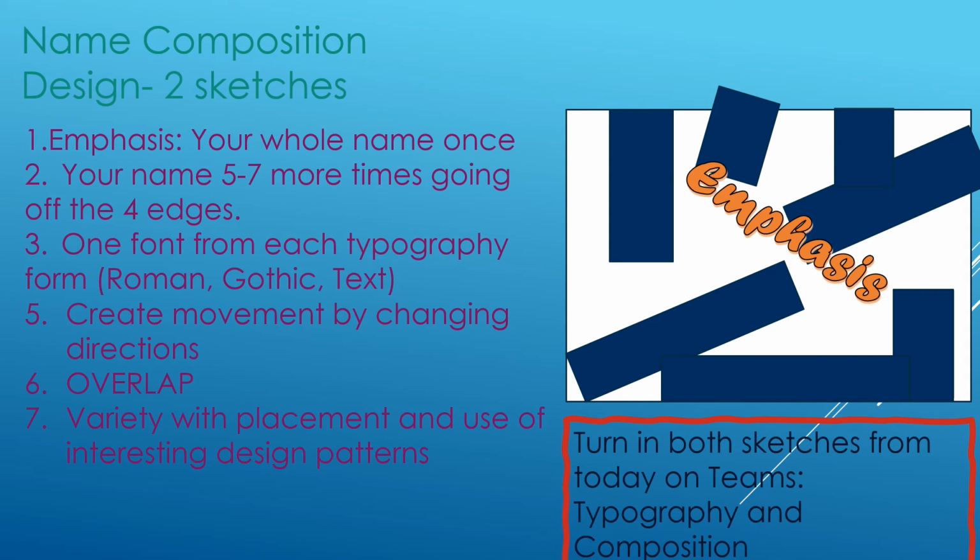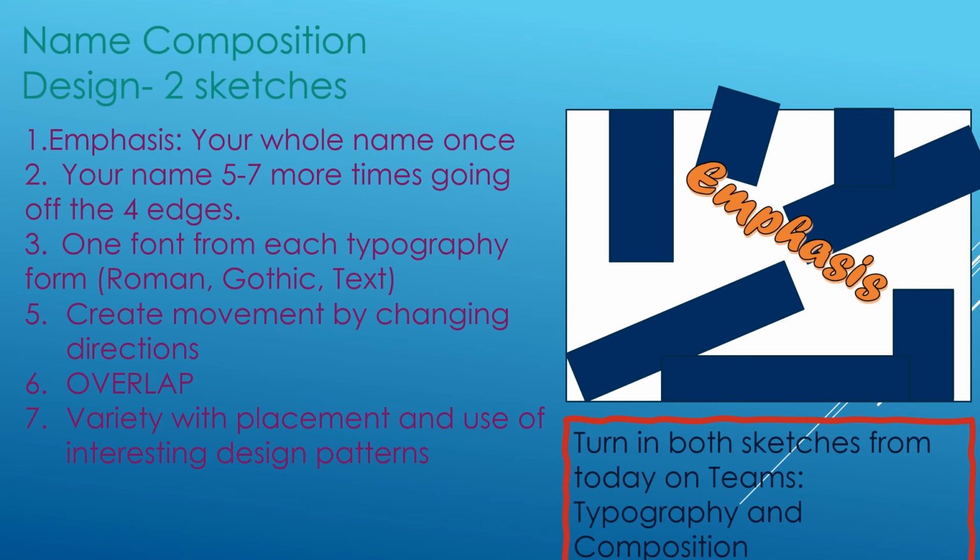Now you will create two sketches as plans for your final name design composition. For your sketches, you are creating rough drafts of what you're going to do in your final name design. In your name design composition, you must have your whole first name once as a place of emphasis.